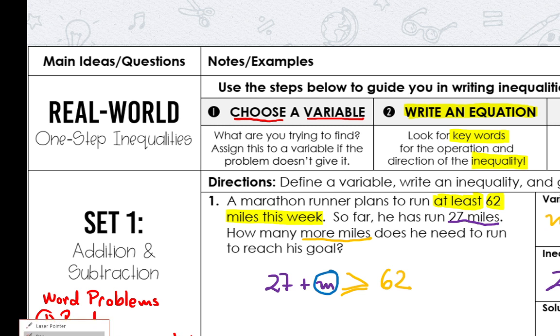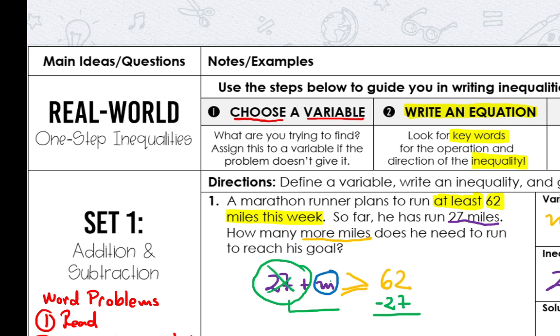Right now here, we have the number 27. 27 is the math operation tied to the variable. What is the opposite of add 27? It is subtract 27. Nice. We're going to subtract 27.